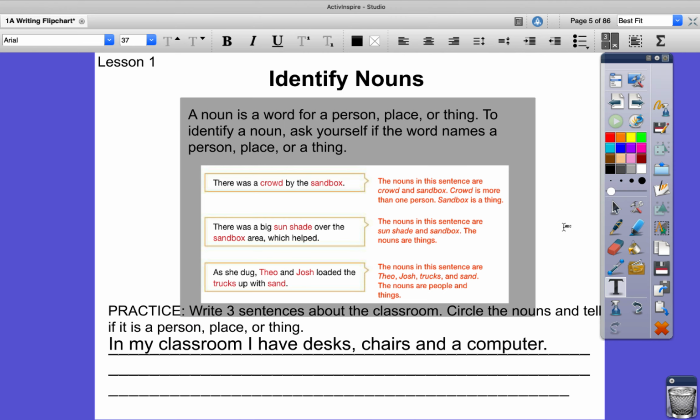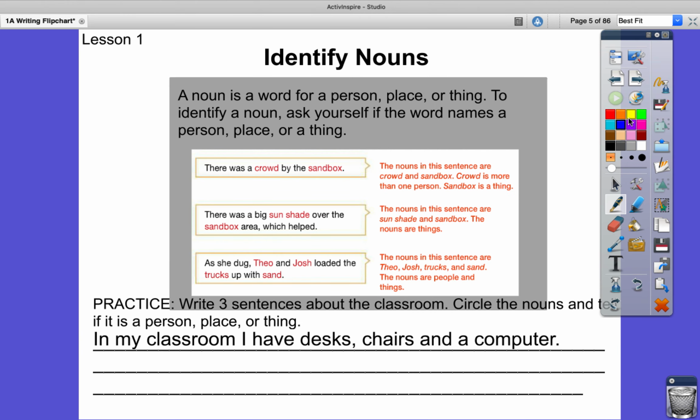Okay, now I have to circle the nouns and tell whether it's a person, place or thing. So the first noun that I have is classroom. A classroom is a place that you can go to or visit. Okay, so classroom is a place.